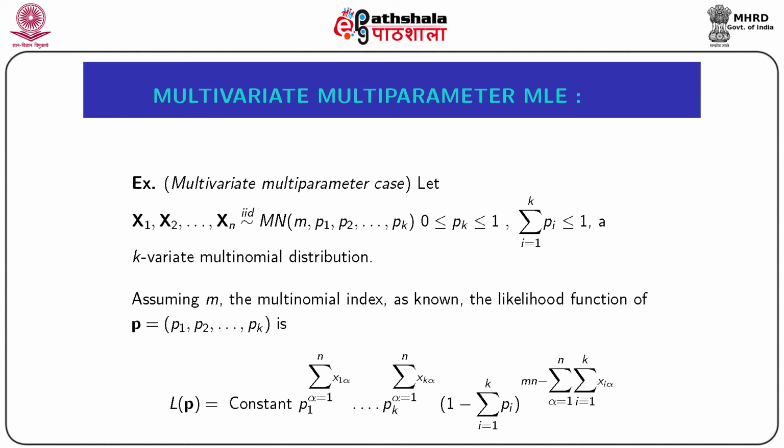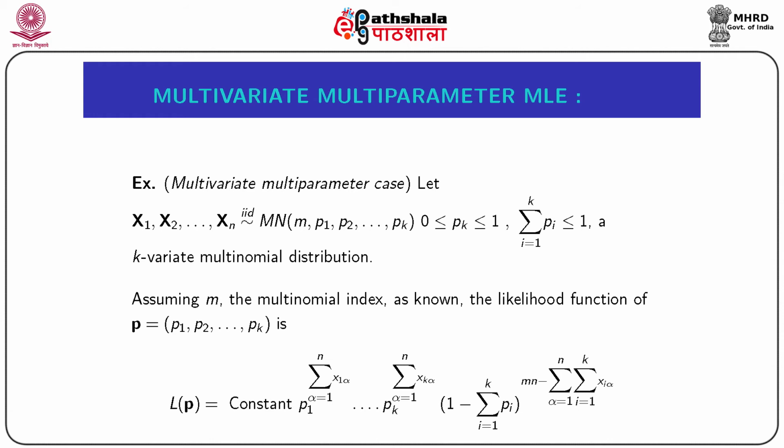Let x1 curl, x2 curl, ..., xn curl be a random sample of size n drawn from a multinomial distribution with multinomial index m and the parameters p1, p2, ..., pk, where all the pi's are greater than or equal to 0 and less than or equal to 1, with the restriction that the summation of pi is less than or equal to 1.